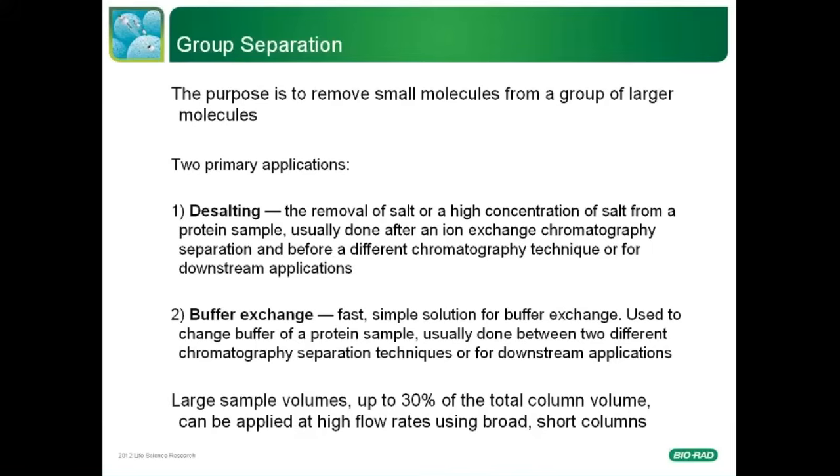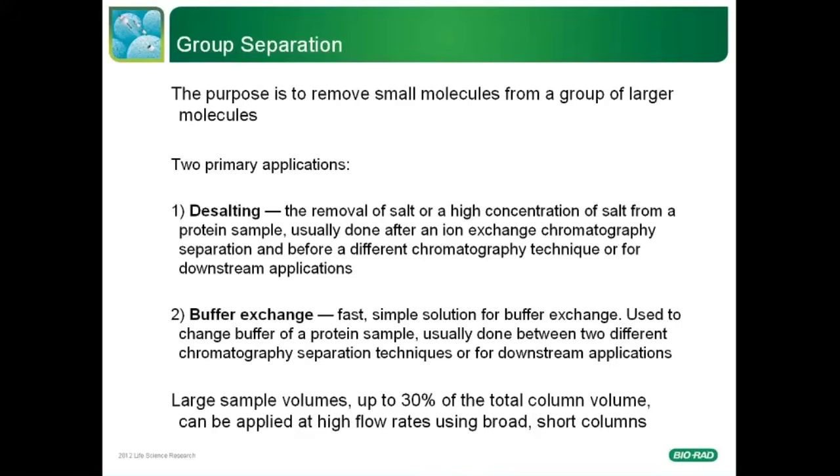The other primary application is buffer exchange. Size exclusion is a fast, simple solution for buffer exchange. It is used to change the buffer of a protein sample, usually done between two different chromatography separation techniques, or for a downstream application.